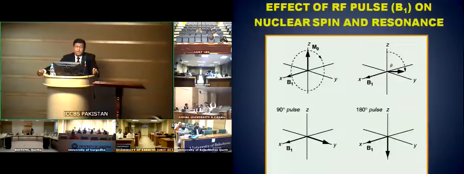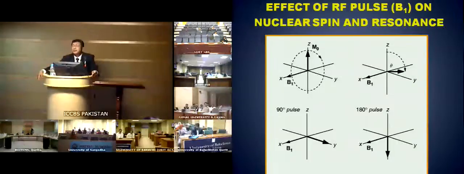I want to further elaborate. Let's say I want to bring this longitudinal magnetization vector to minus Z, where should I have my radio frequency oscillator placed? 180, so that's fine, it makes sense.